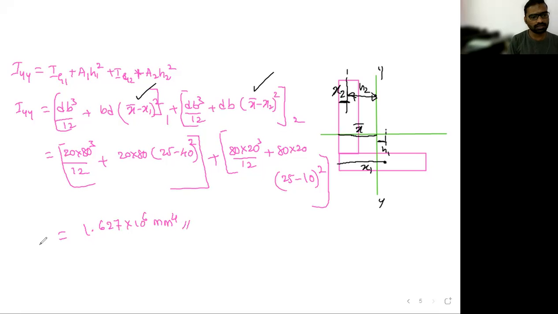Earlier I got 1.42, no, that was a calculation fault. This is the answer. First write it down, all of you, and we'll check the calculation.